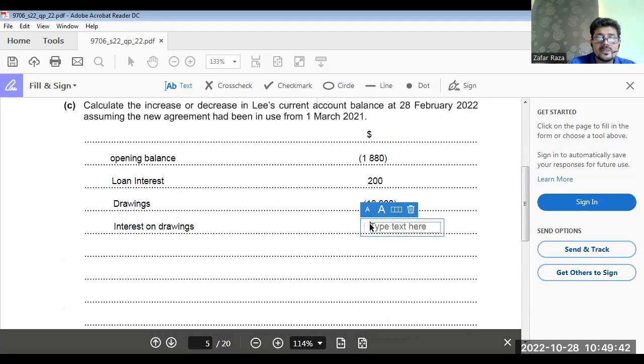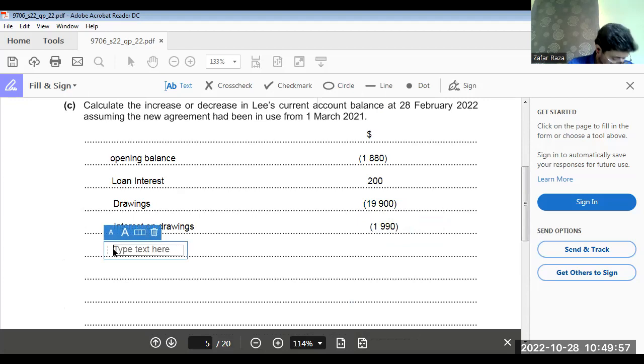So 19,900 means 1,990. Interest on drawings is going to be deducted or debited.